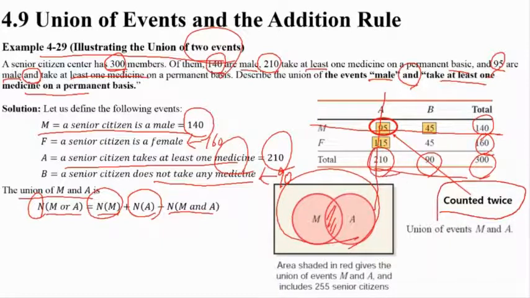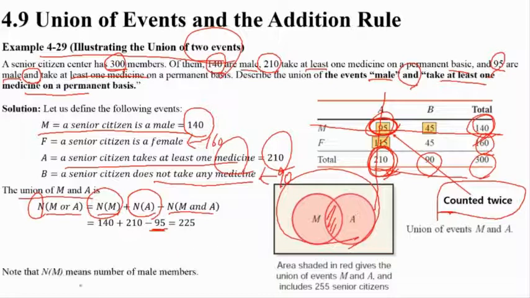So 210 plus 140, and the overlap we counted twice, so we're supposed to subtract it. Do you understand? When you count a union, you simply add together and subtract whatever is counted twice, the intersection, or AND part.